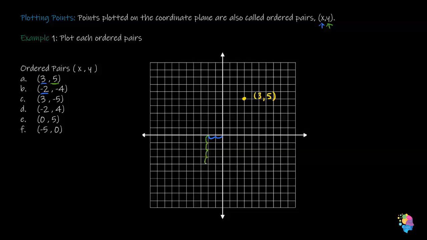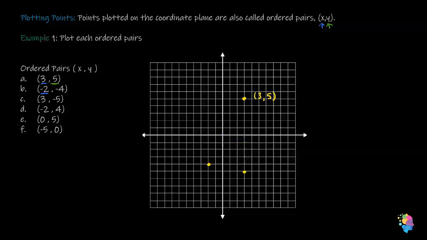And that's where we plot our point. Okay, let's try the next one then. The next one reads 3, -5. So we're going to move 3 to the right, and the -5 will be 5 down. And that is where we plot our point. And we move on to the next one.